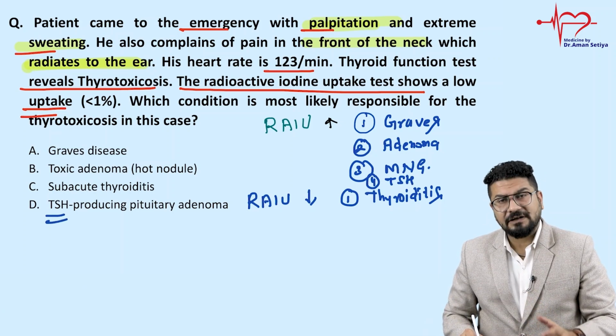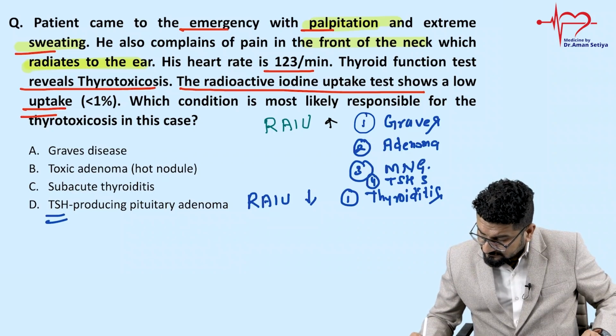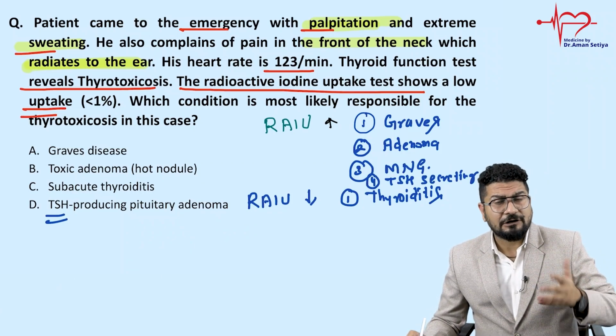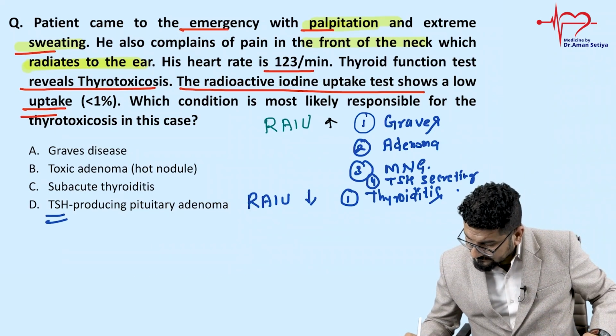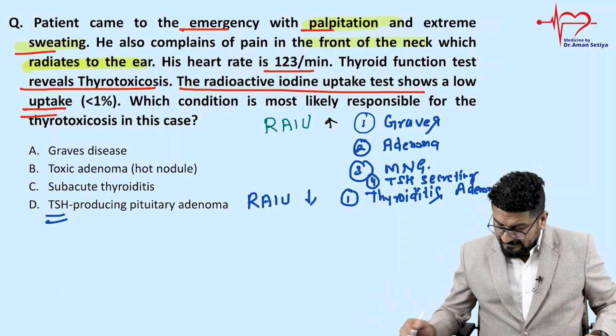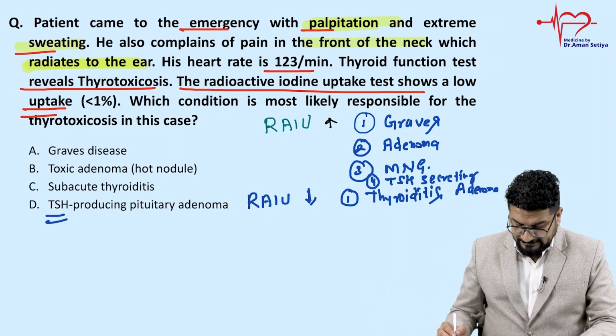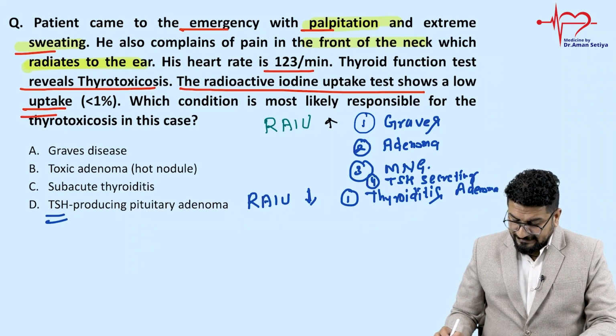More TSH gives feedback to the thyroid, so there will be more T3, T4. So again, the radioactive iodine scan will show more uptake, as the thyroid is stimulated more. And this uptake is almost like Graves disease. So the only condition in the list where radioactive iodine uptake is decreased is thyroiditis.